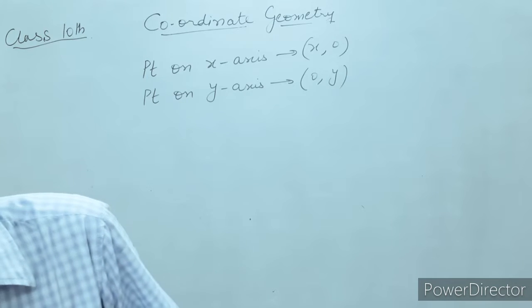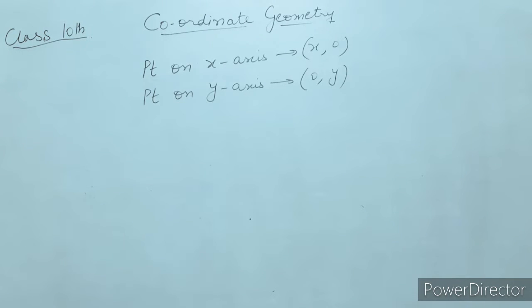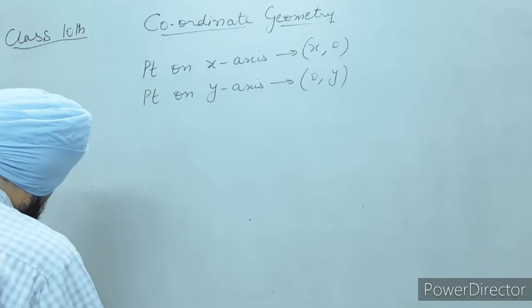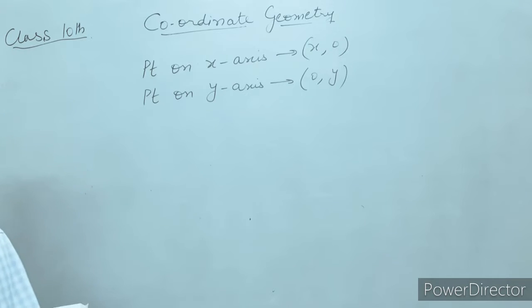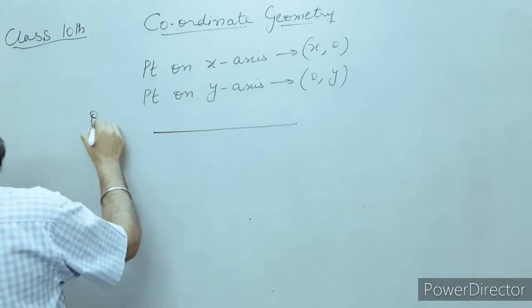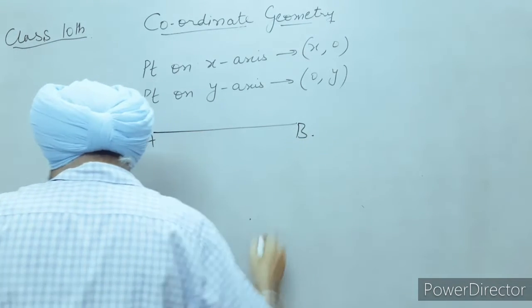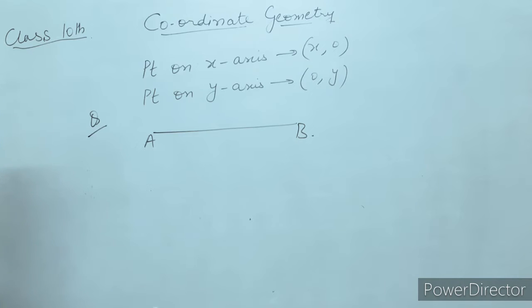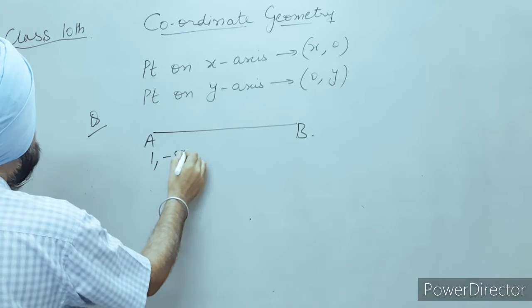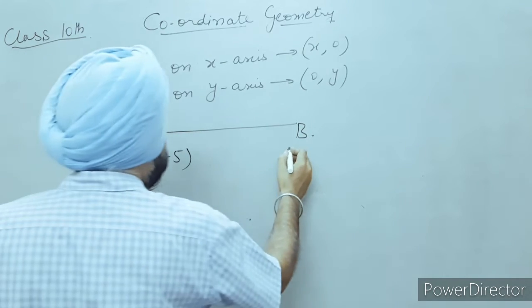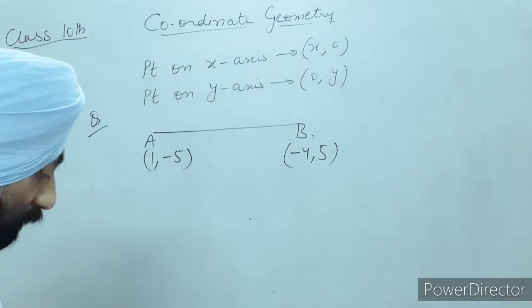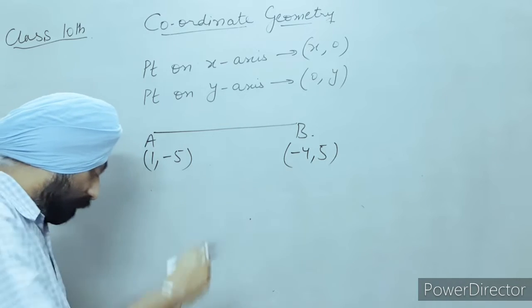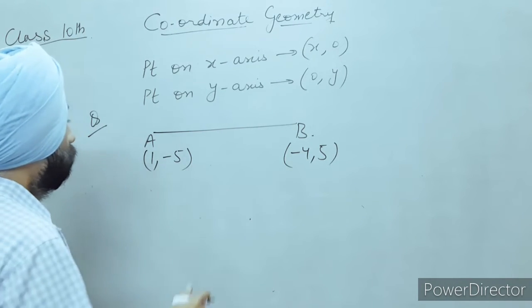The question is: find the ratio in which the line segment joining A and B, where A is given as 1 comma minus 5 and B is given as minus 4 comma 5, is divided by the x-axis.